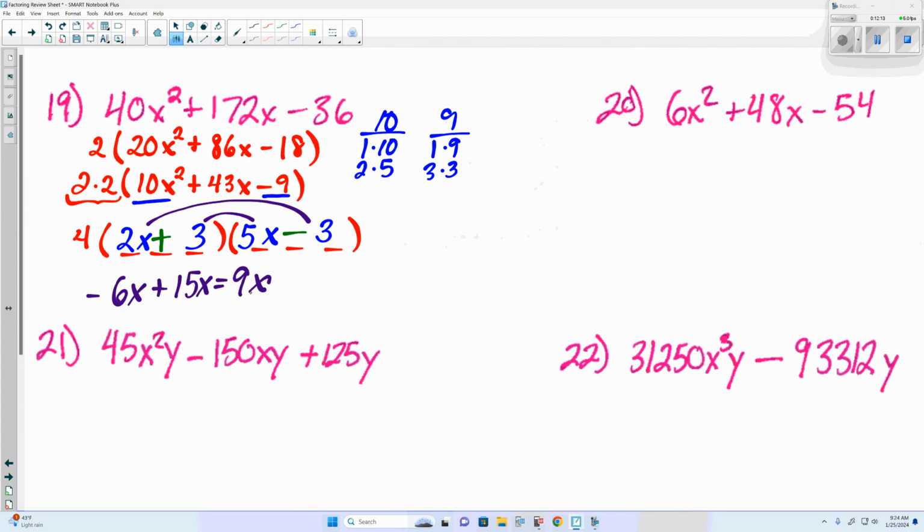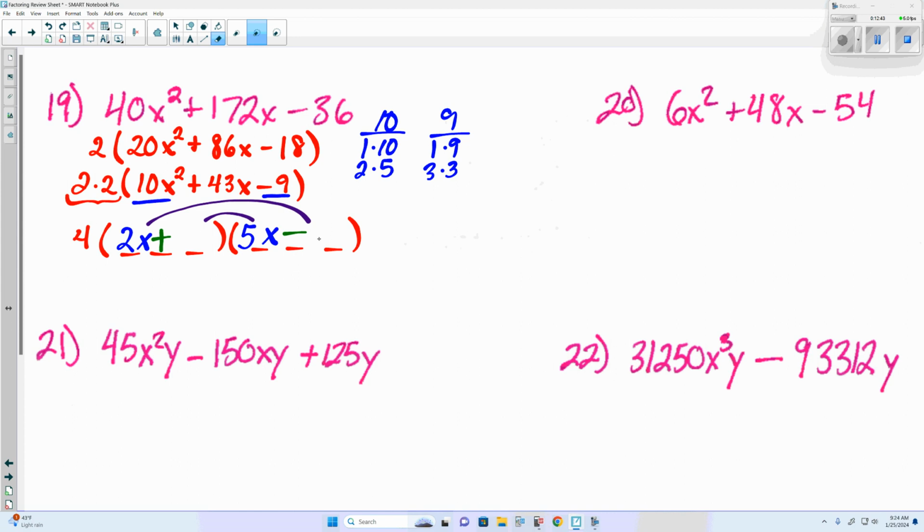I would switch the 3 and 3, but switching that doesn't change anything. Switching the 1 and 5 for this here would not change, well, it would and it wouldn't. Mainly, all it would do is change the sign, because instead of the 5 being multiplied with the positive, it would now be multiplied by the negative 3, and same thing with the 2, which will just change it from positive 9 to negative 9.